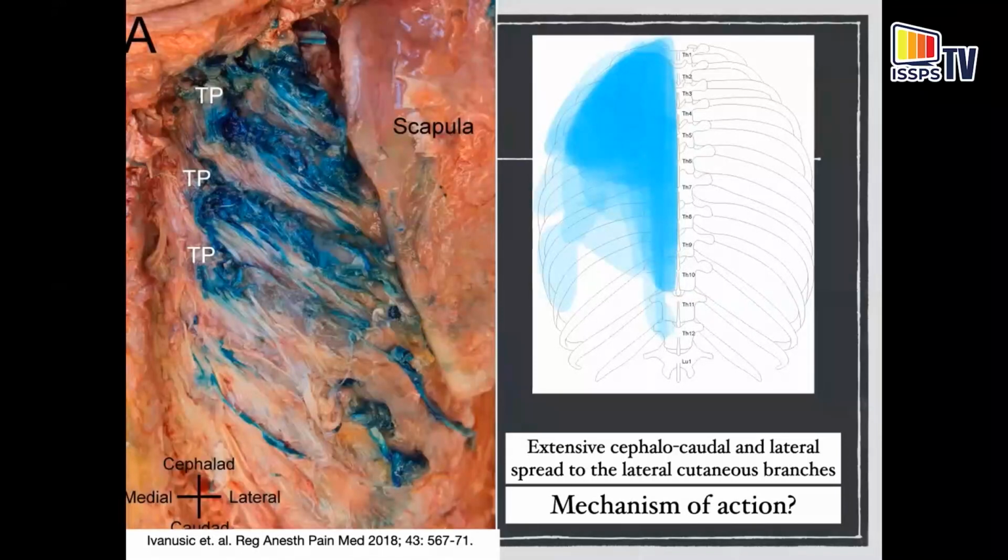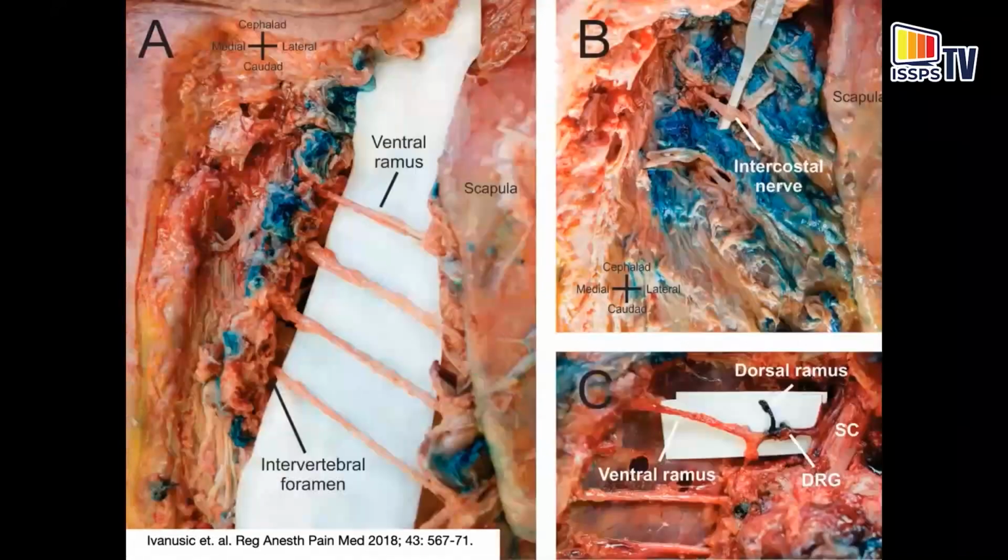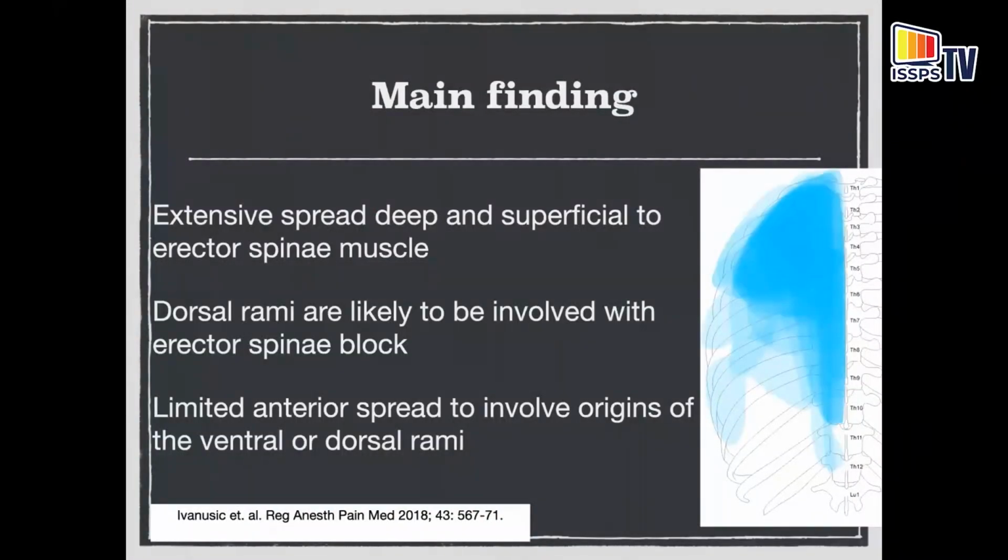Because of the widespread spread posteriorly and extensive spread to the superficial muscles, as a result of this cadaveric study, we are confident to say that the dorsal rami are likely to be involved with an erector spinae block.